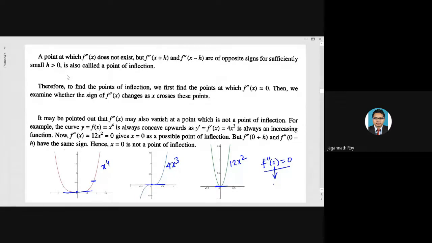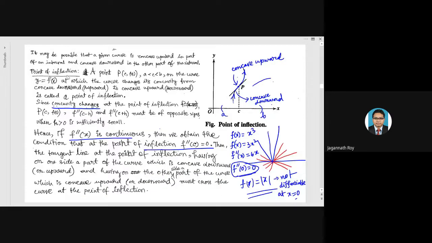So a point of inflection is such a point where the concavity will change. That is the meaning. If you need to remember the point of inflection, it is in terms of concavity, not in terms of the second order derivative.